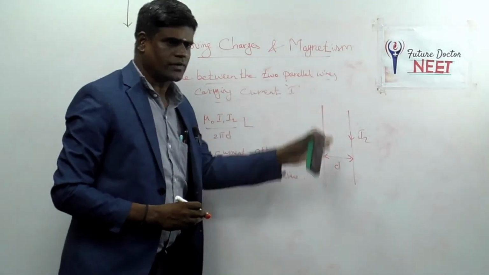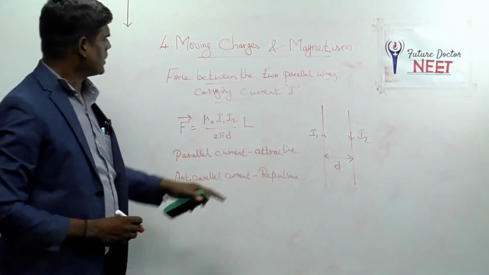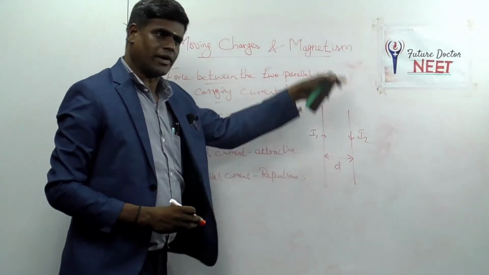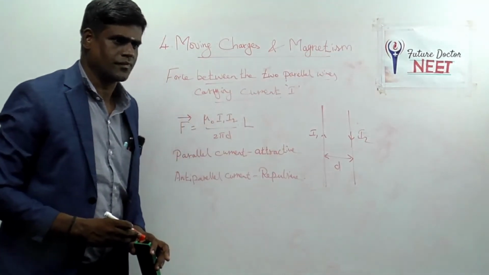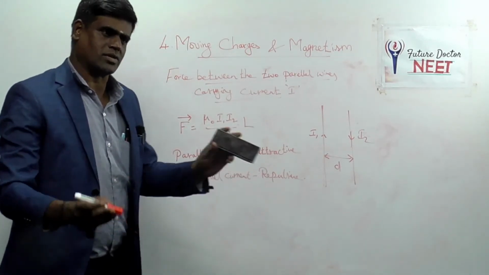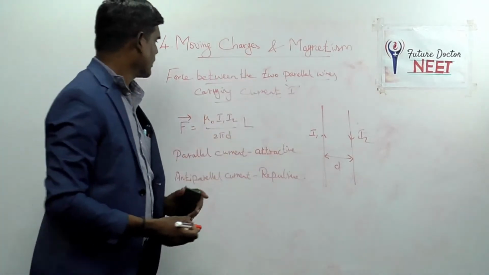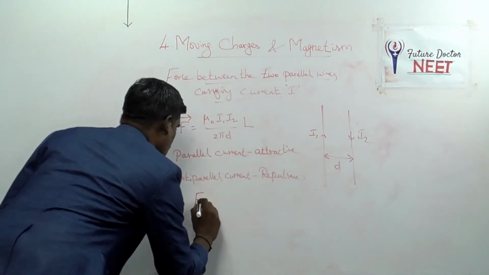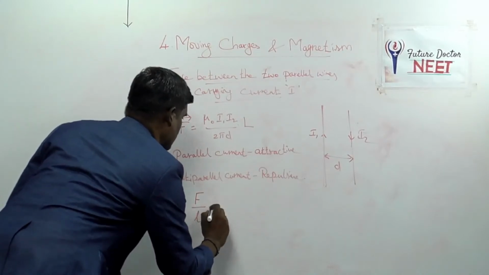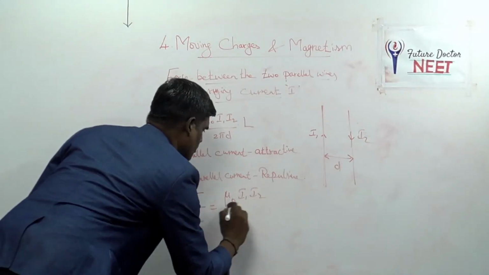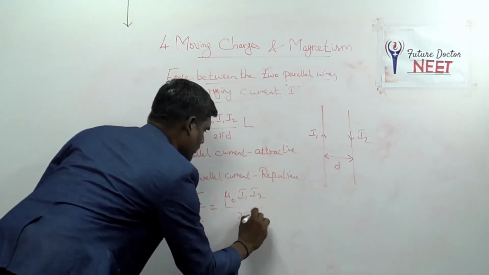Suppose the length of the wire is infinite, then how can you measure L? What does infinite mean? Unmeasurable. We can't measure. A very, very long value. Then, we can write this as force per unit length equal to mu naught I1 I2 by 2 pi d.